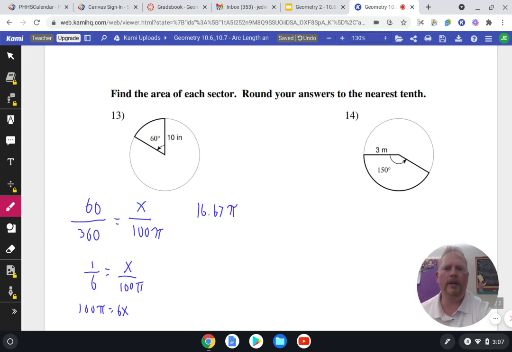But the instructions want us to round to the nearest tenth. So I will do that times 3.14. And I get 52.3 square inches. Anytime we deal with a sector, we're dealing with area, so make sure your unit is squared.